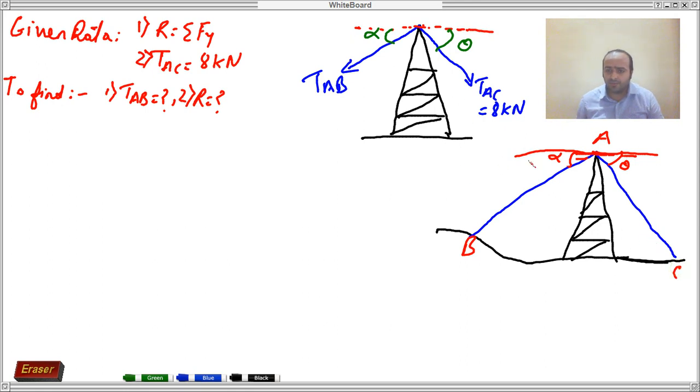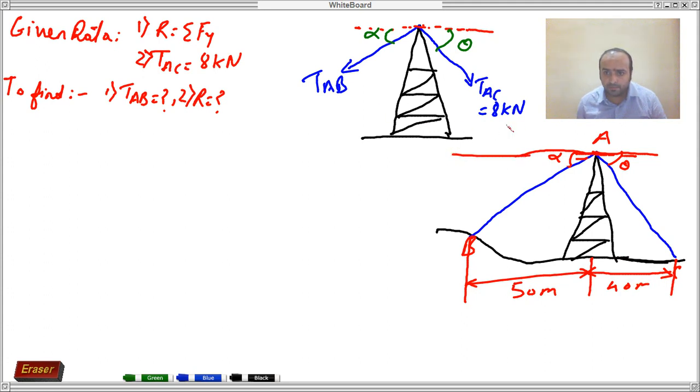So friends, just for our convenience, let us simply take the values of the dimensions which are given to us in the problem. Specifically, the values are there in terms of distances. This is 50 meter, this is 40 meter.